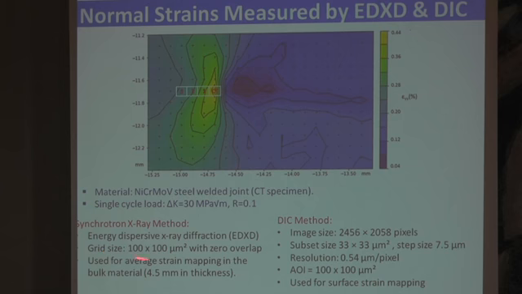For the X-ray diffraction, the grid size is 1 by 100 micrometer, with average strain mapping in the bulk material, 4.5 millimeter in thickness. For the DIC we use 100 by 100 micrometer. The resolution was 0.4 micrometer per pixel. On the surface, we use surface strain mapping.